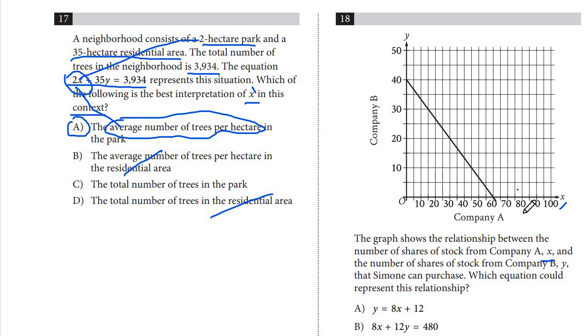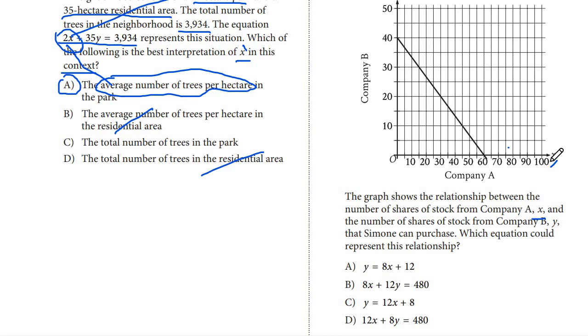Well, we have obviously a straight line equation. And how do you identify the correct option here? Well, every line is defined by 2 points. This has here the point 60, 0, and this here has a y-intercept of 0, 40.